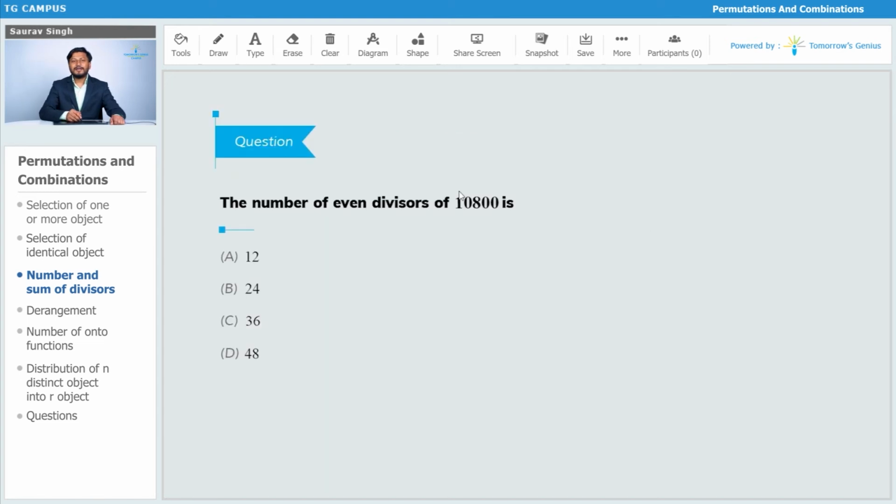Now we have to find the number of even divisors of 10800. First we will consider n equal to 10800. Now let us prime factorize it. So 10800 can be written as 108 into 100.